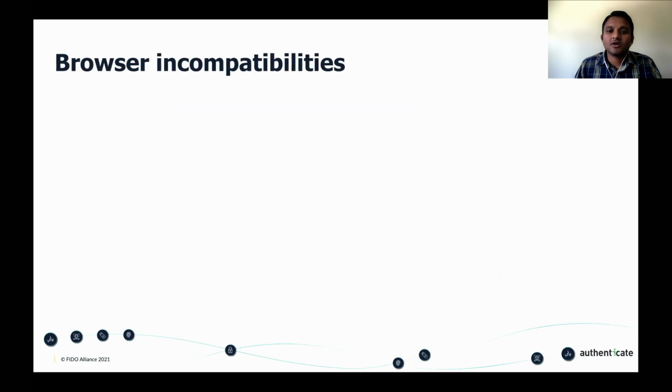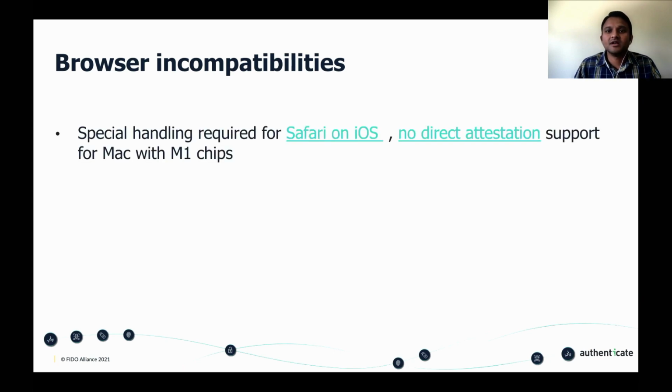We also saw a lot of browser incompatibilities. Let's take a look at a few of them. Safari on iOS requires special handling apart from the implementation of the spec to propagate user gestures via user-activated events. Otherwise, the WebAuthn implementation just doesn't work. Macs with M1 chips do not support direct attestation as mentioned in the specifications.